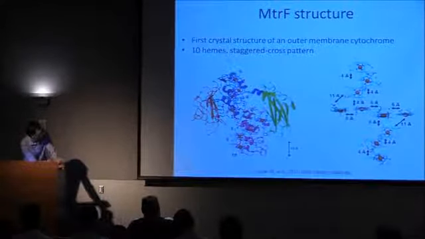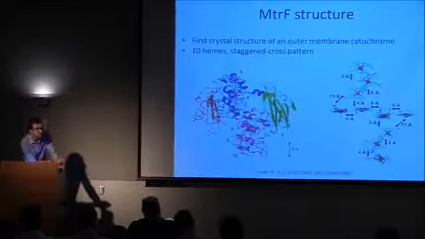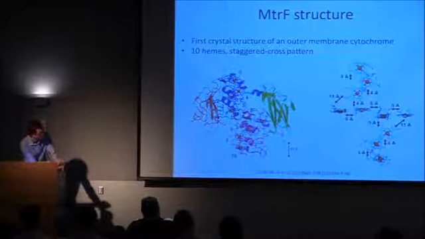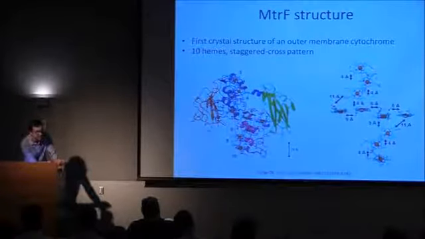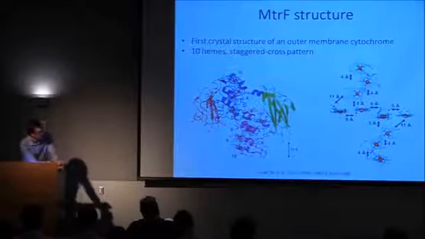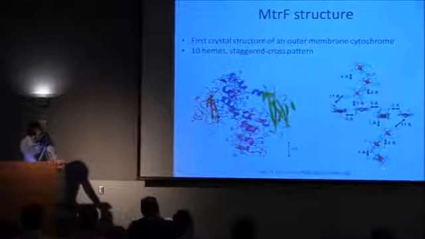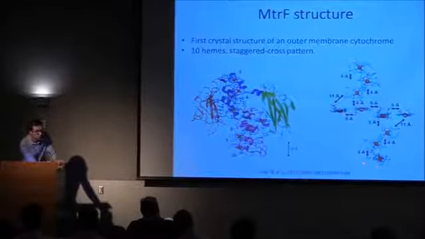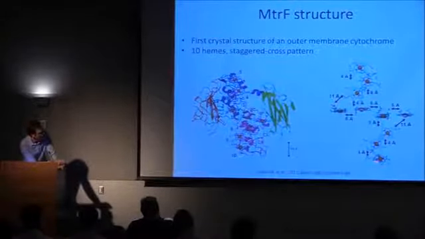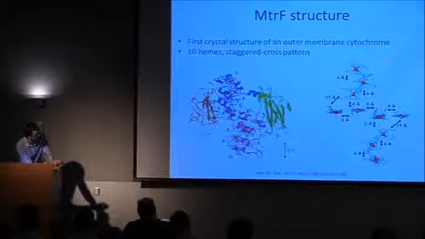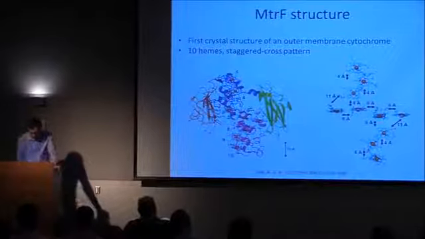This molecule has 10 heme groups within its structure, and it's very interesting that the spacing between the pairs of neighboring hemes in this cytochrome are all less than 1 nanometer, which means that electron tunneling is possible between these hemes. So the idea is that the electrons would enter the cytochrome at the first site, tunnel from heme to heme, and exit the cytochrome at the other side. So it would go from one end to the other.